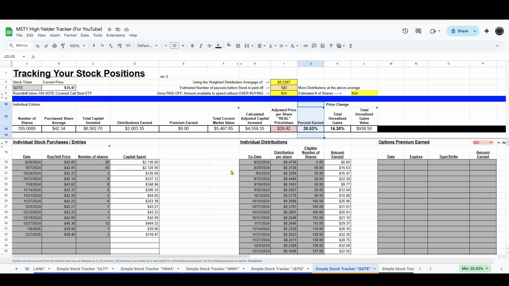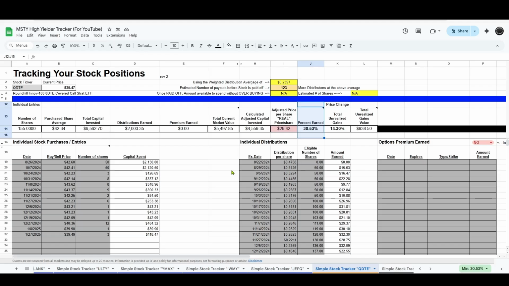Because you think getting paid more times, you'll earn more. But that's not always the case, right? It also depends on what your buy price is, what your reinvested prices are, and of course, your distribution amount per share.